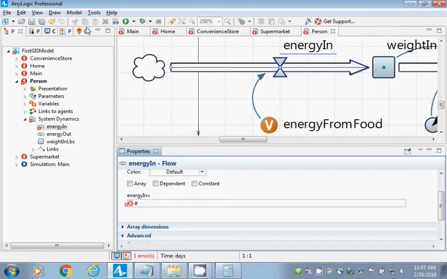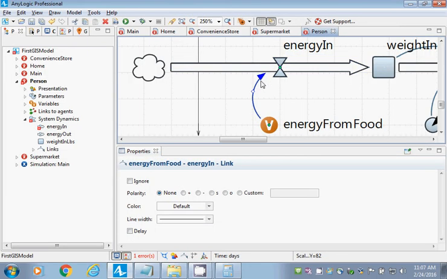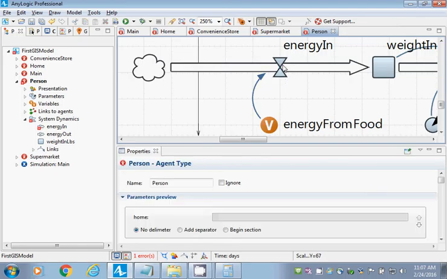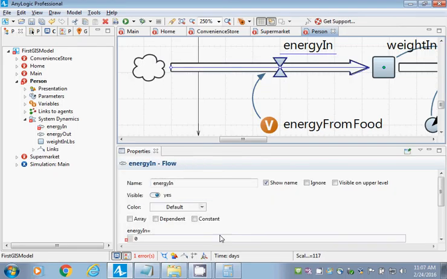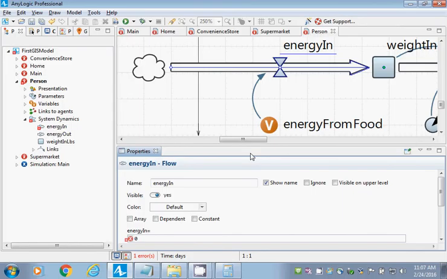It's telling me energy from food is not used. What did I forget to do? I hitched it up, and actually it is connected, but the problem is I didn't specify a formula for energy in that uses it. And the formula for energy in should be energy from food.